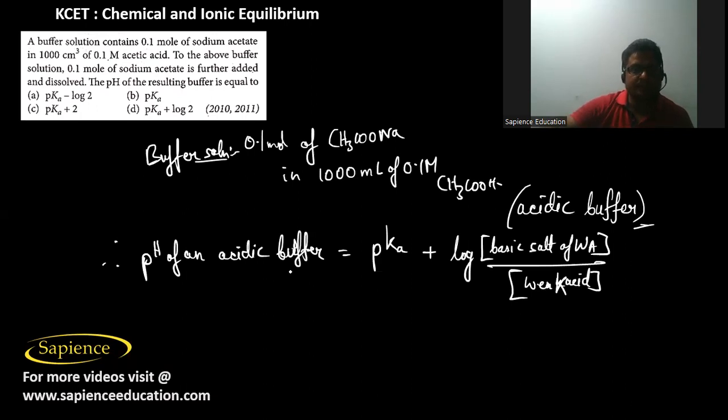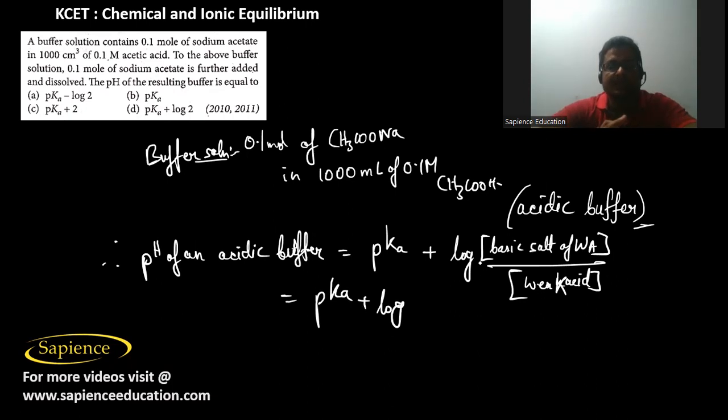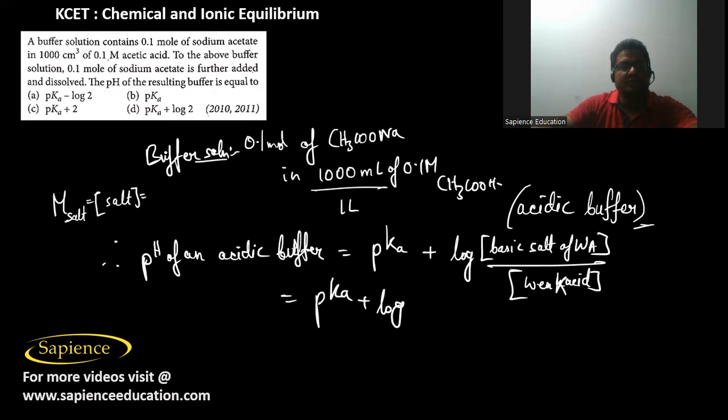So that will be equal to pKa plus log of concentration of basic salt over the weak acid. The volume is 1 liter only. So the concentration of the salt will be equal to 0.1 mole.